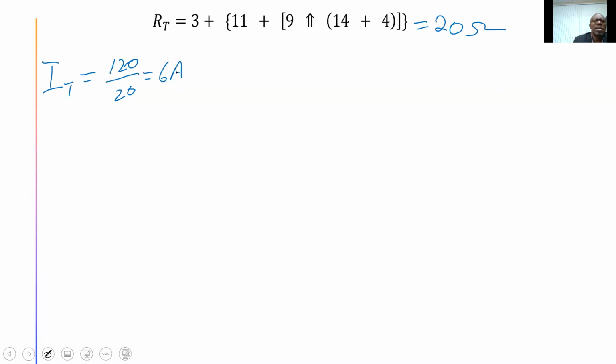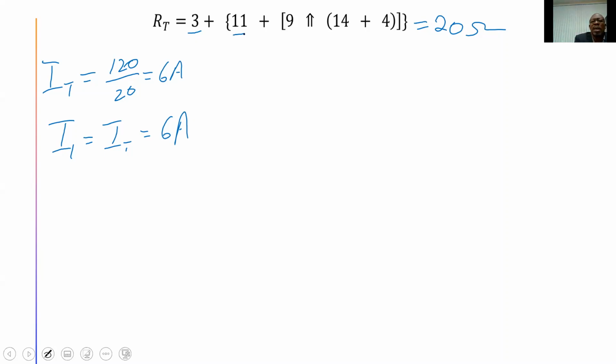Now let's look at our equation. From our equation, we see that the 3 ohm resistor is in series with the rest of the circuit. So it means that the current through the 3 ohm, which was I1, would be equal to IT, which is equal to 6 amperes. Next, the resistor we see is the 11, which is within the rest of the circuit.